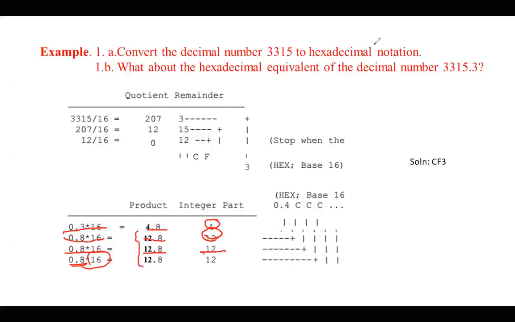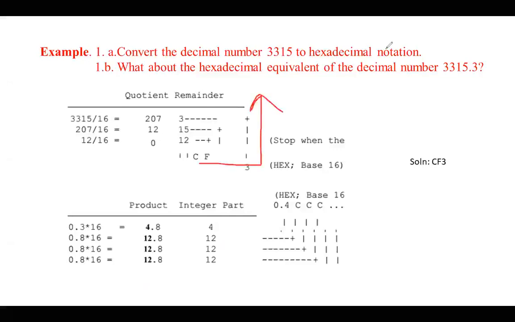So what we will do, we will stop up to 4 decimal points, or based on the requirements you can calculate it for n number of decimal places. Now I require it only for 4 decimal points, so I've stopped it there. So what will be the solution? When we wrote the solution for the integer part, I told you to follow like this.